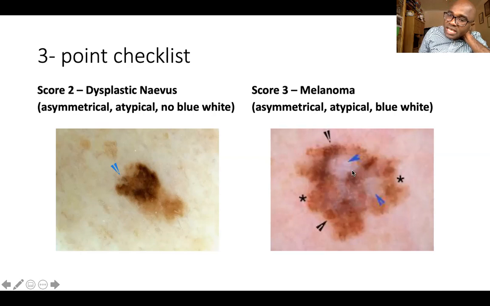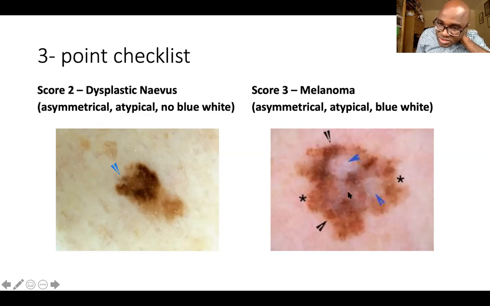Whereas this tells you high suspicion of a melanoma: there's asymmetry in color and network, and you've got an atypical network there, so the distributions are atypical. There are also some blue-white areas in the middle, where the blue arrow is pointing, this is regression.